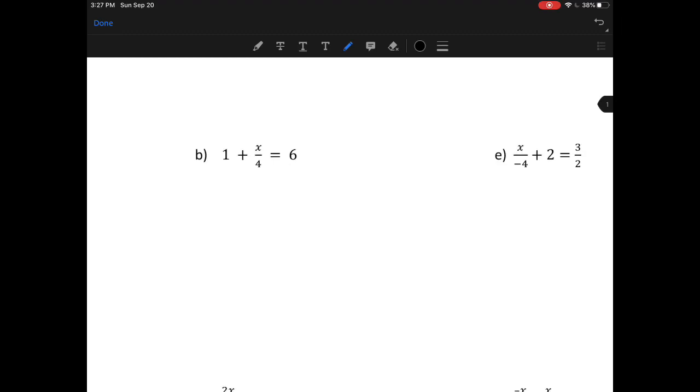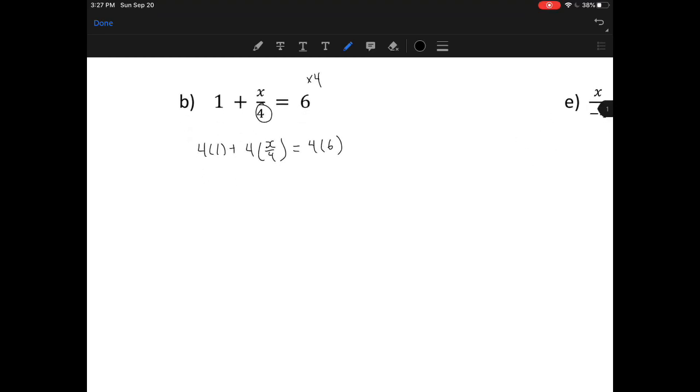We're going to see that in the next one as well. We have 1 plus x over 4 equals 6. Again, we want to get rid of our fraction, so we have to multiply everything by 4. So we'll get 4 times 1 plus 4 times x divided by 4 equals 4 times 6.